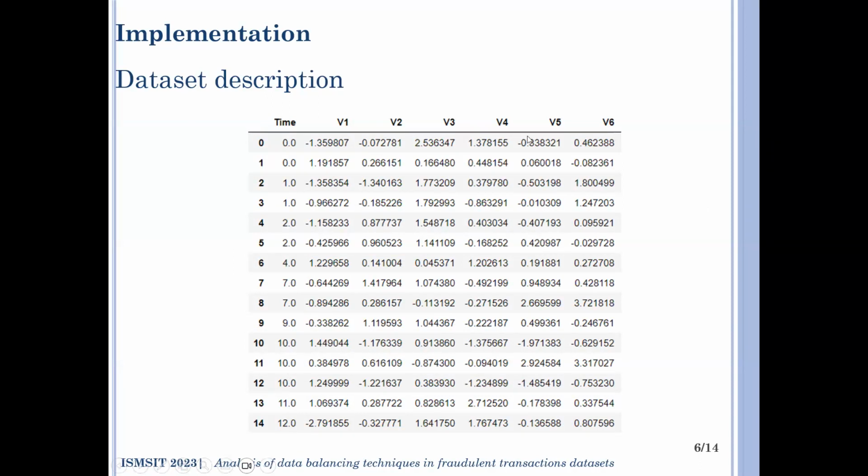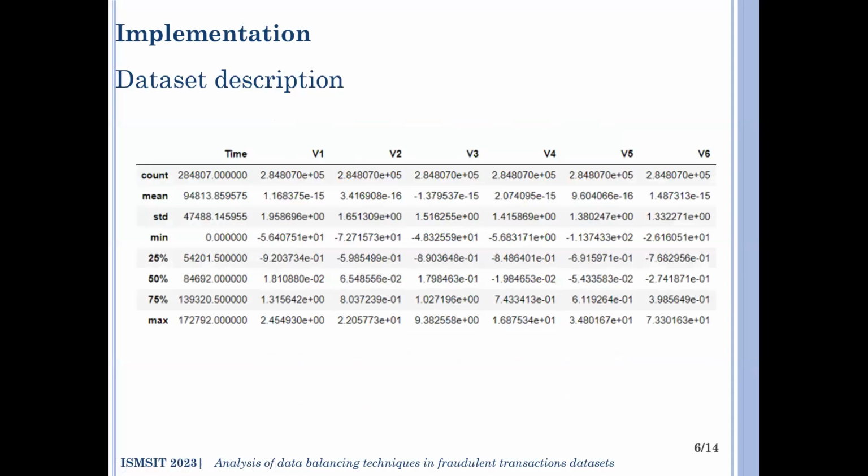This is only an excerpt of what the data set looks like. And I'm also showing you a statistical analysis of the data set where we did some computations regarding mean value, standard deviation, minimum and maximum value, and number of items in the first quarter, first half, and third quarter.